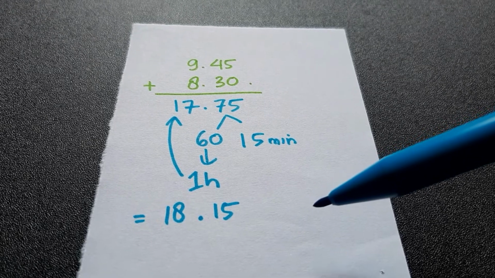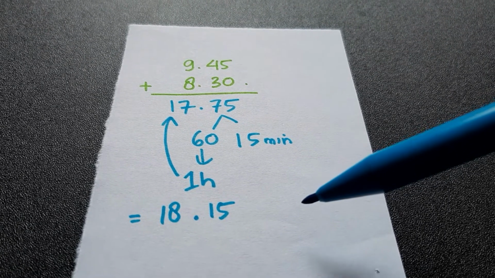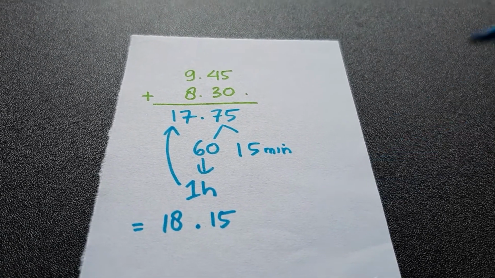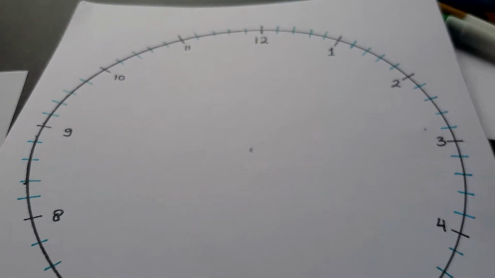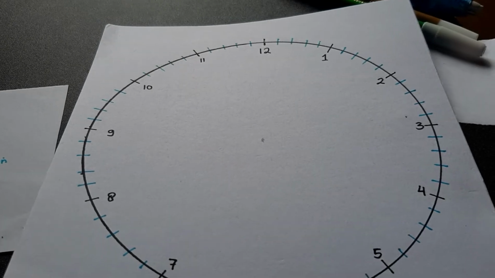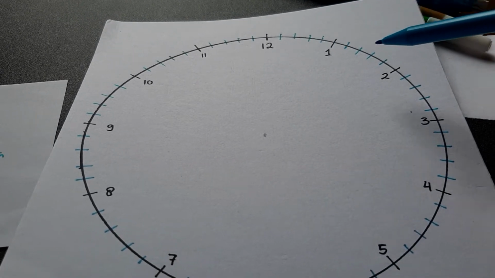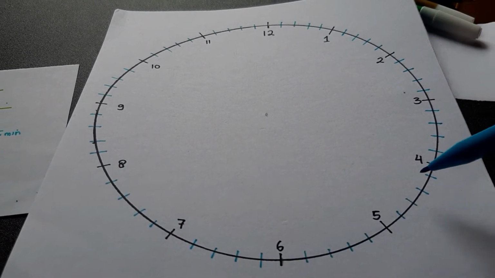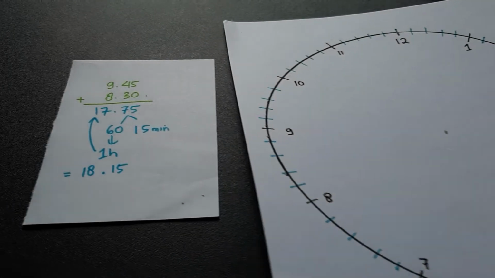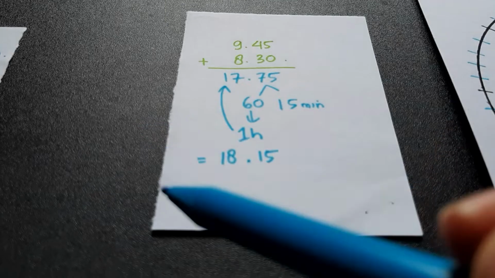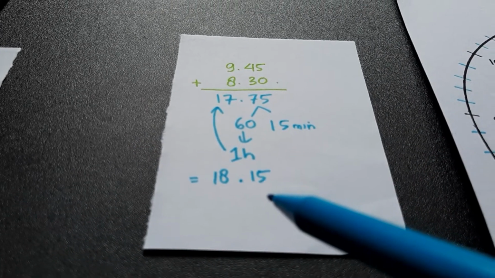But Miss Uni, if it is AM or PM, 18:15, what time is it? If you don't know, you can take a look at the clock. Let's count 18, right? After 12, 13, 14, 15, 16, 17, 18. So it's 6 p.m. So over here, it must be 6:15 p.m.